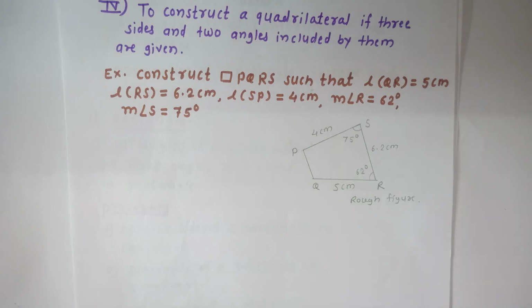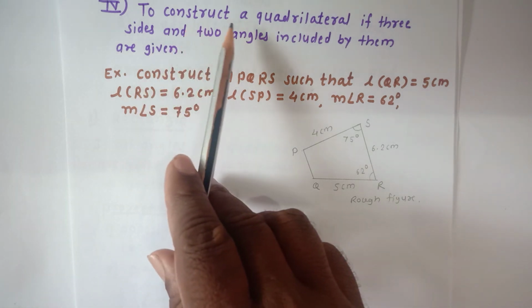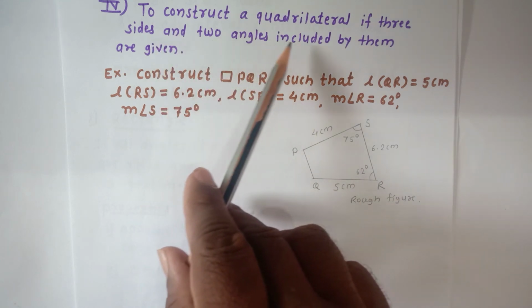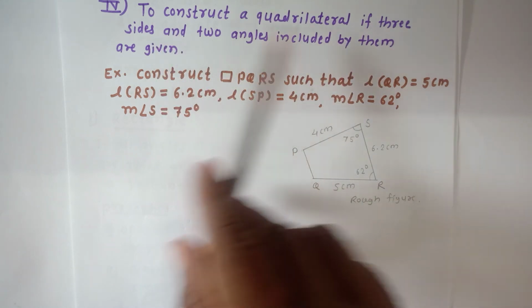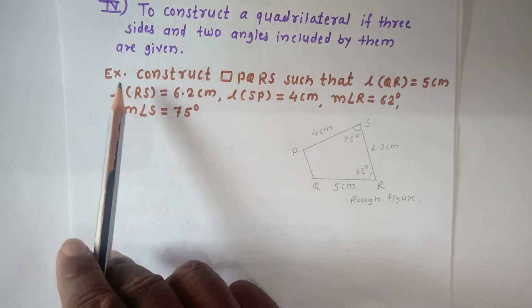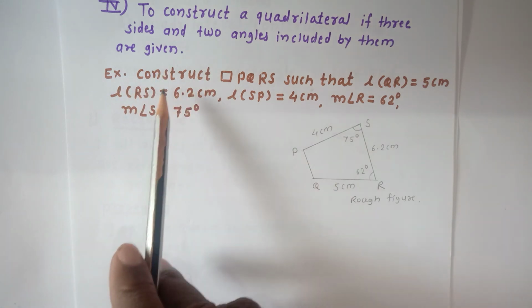Now students, there is one more type of construction of quadrilateral remaining. To construct a quadrilateral, if 3 sides and 2 angles included by them are given. So here is one example.